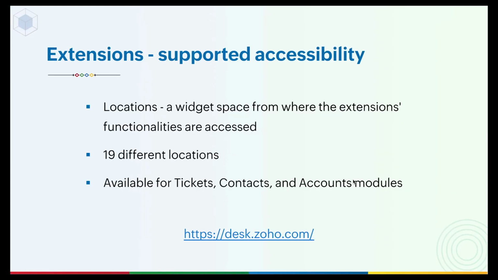Before we actually start with building an extension for Zoho Desk, let's first check out how these extensions are made available to users within Zoho Desk. So, in order to show you those locations, I am getting into Zoho Desk.